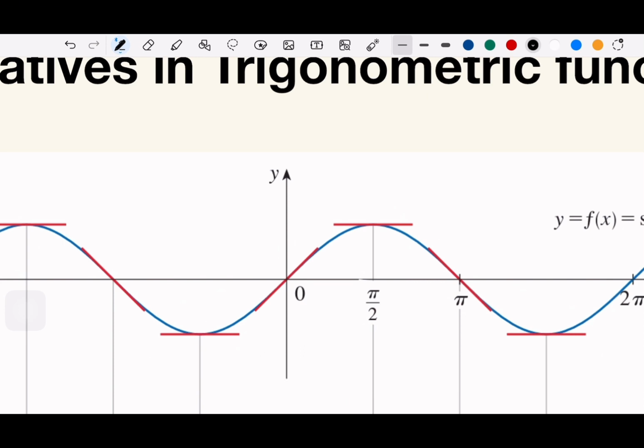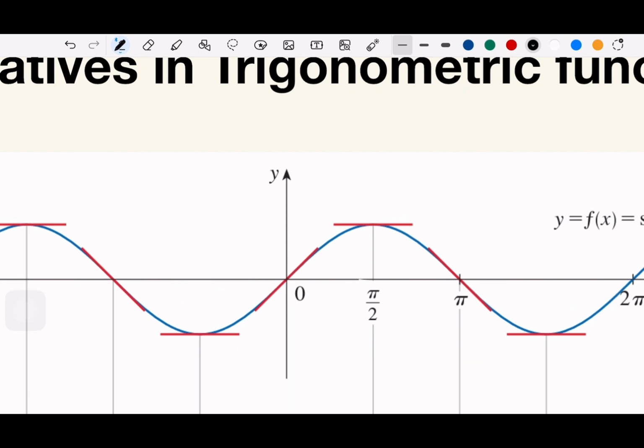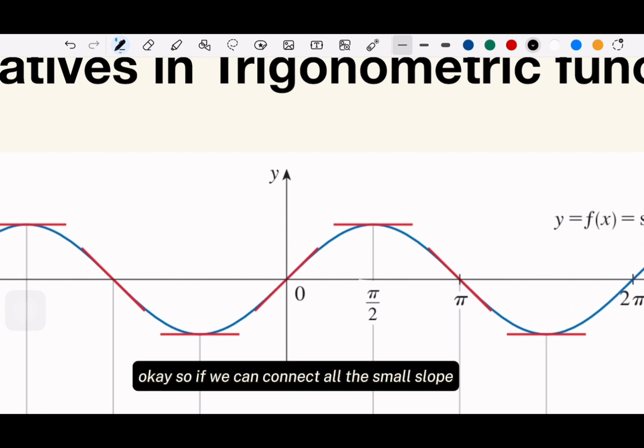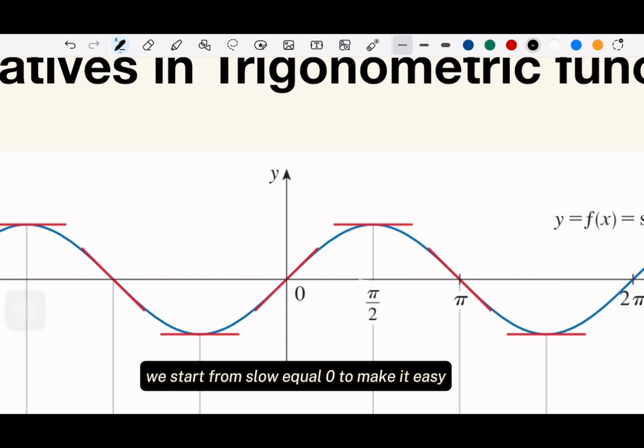Now, if we connect all the small slopes at every point, we could predict how the first derivative looks. Every time we do that, we start from slope equals 0 to make it easy.